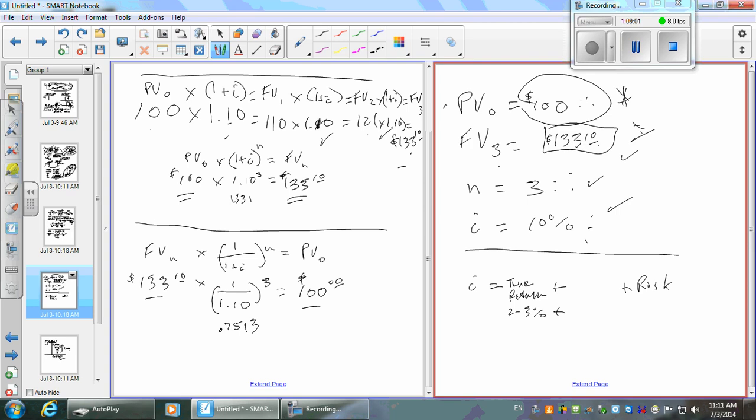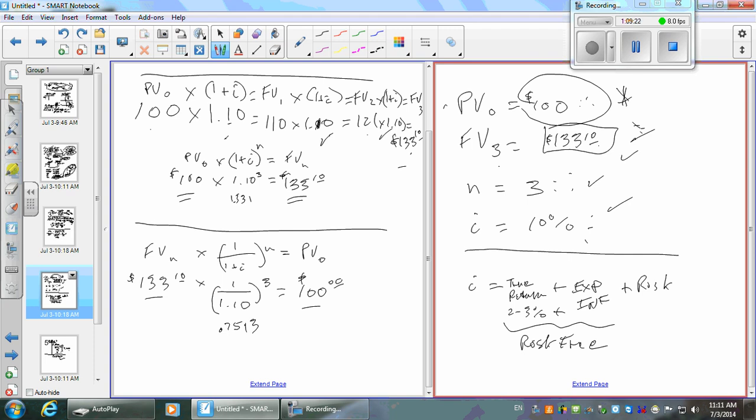Expected inflation. It's expected because we don't know what it's going to be. When we add these two together, we call it risk-free. Great stuff to know. If you take Accounting 211, we're going to be directly using this. When you do BA 315, you're going to be doing this, whichever route you're going.